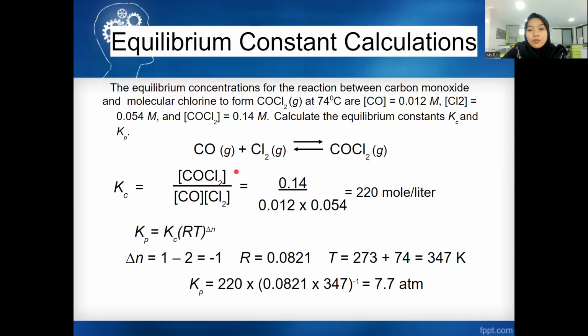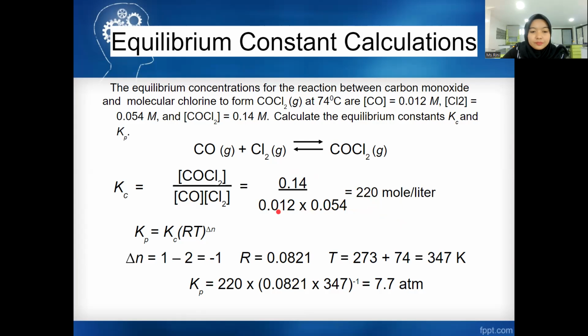It should start from the product to the power of the coefficient. Since the coefficient is 1, there's nothing here. So yes, COCl2 first because it is the product, divided by CO times the concentration of Cl2. Then just substitute the numbers and we get the result of Kc directly. So 220 liter per mole is the Kc.